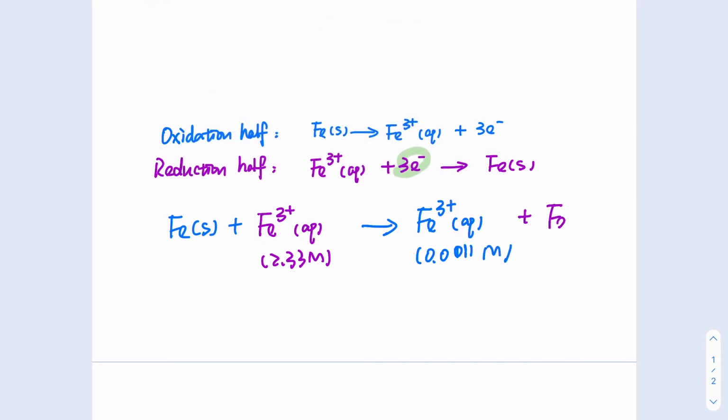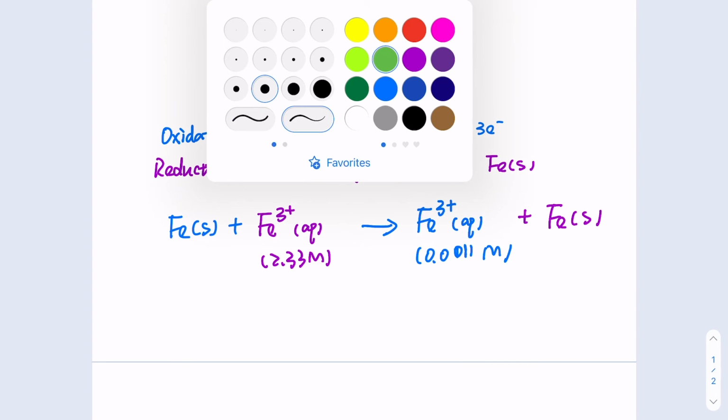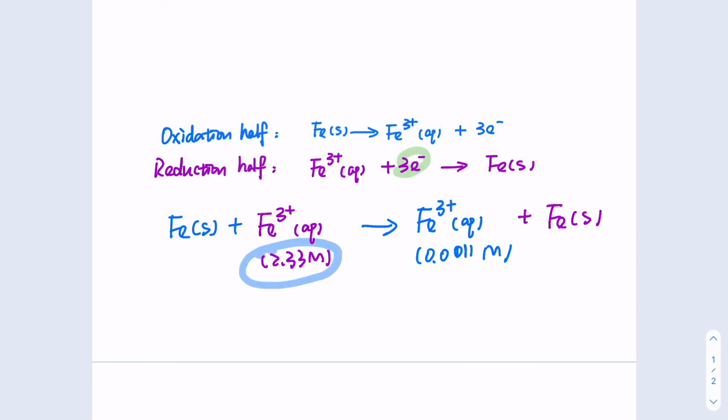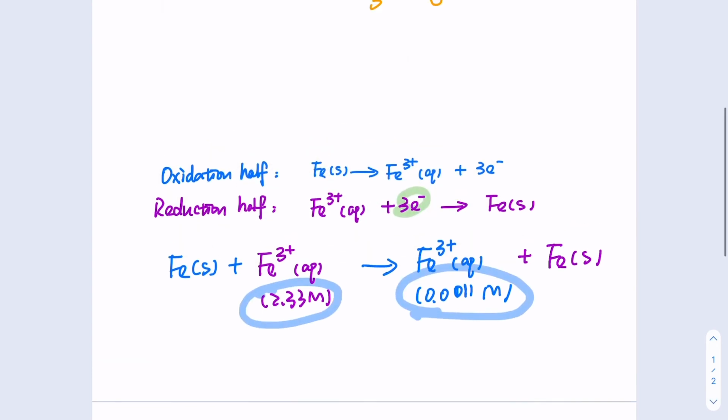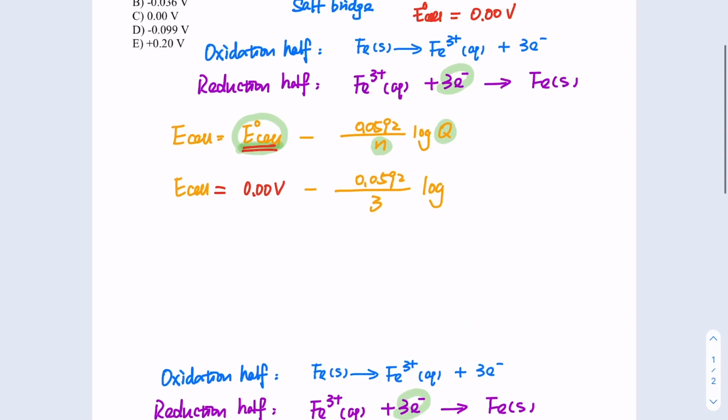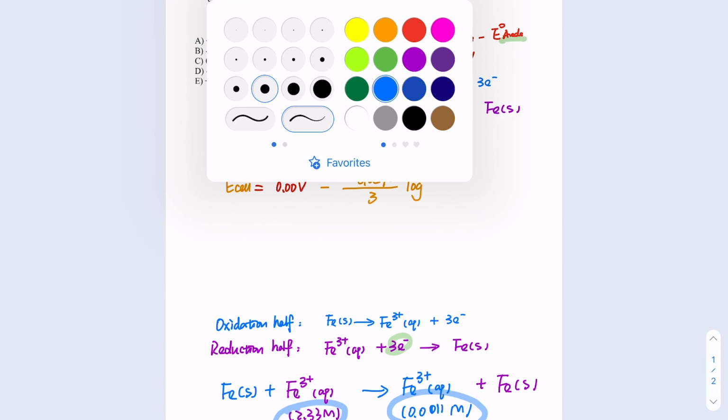Then I have this iron solid. That's supposed to be canceling out, but still you have to realize the concentrations are different, so I will have a Q. Now you see which one is your product. The iron is from the oxidation half, so this will be the product. Now let's plug it in.